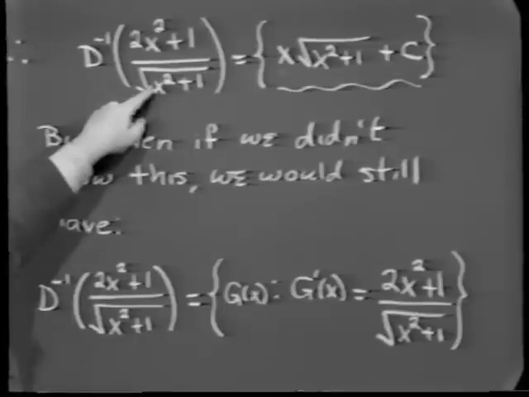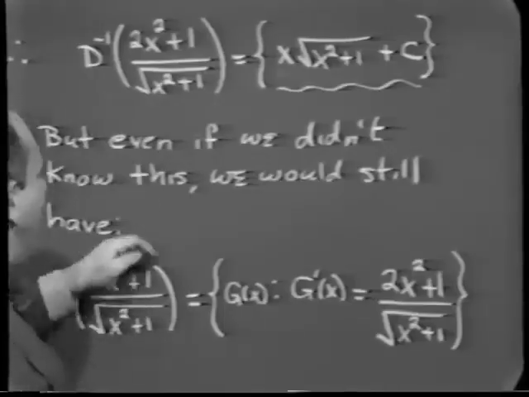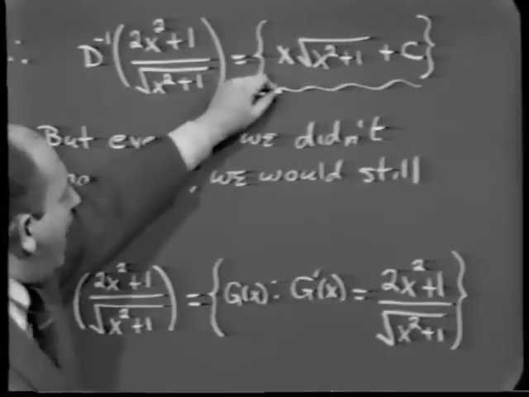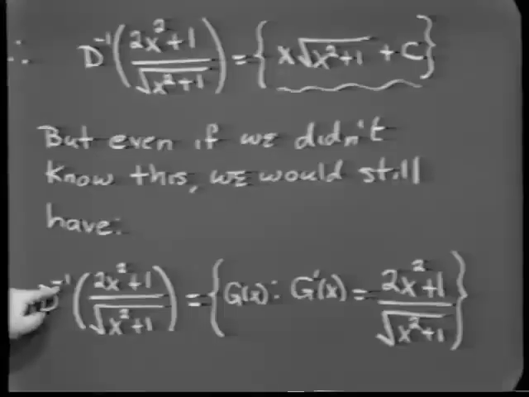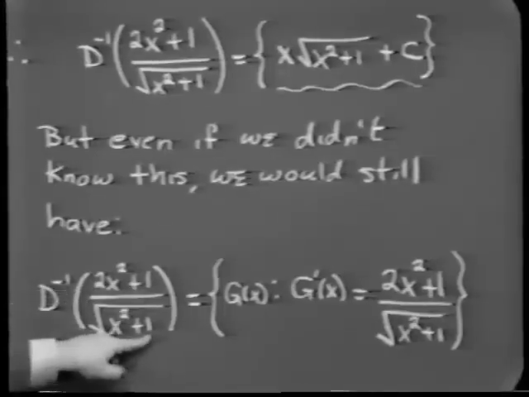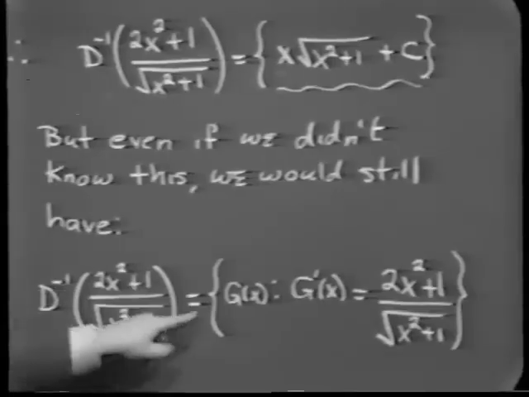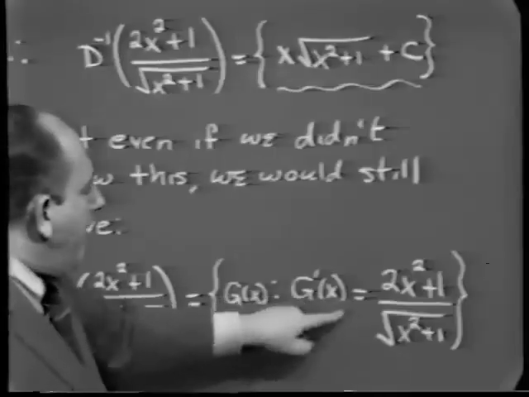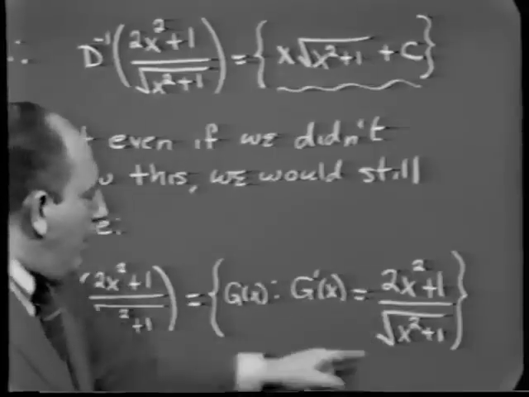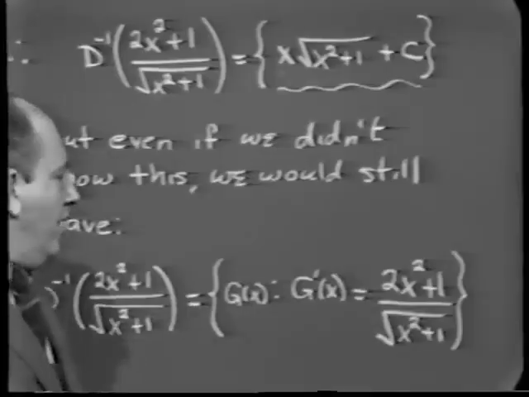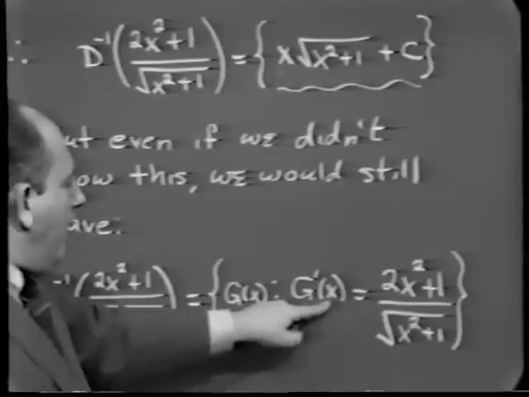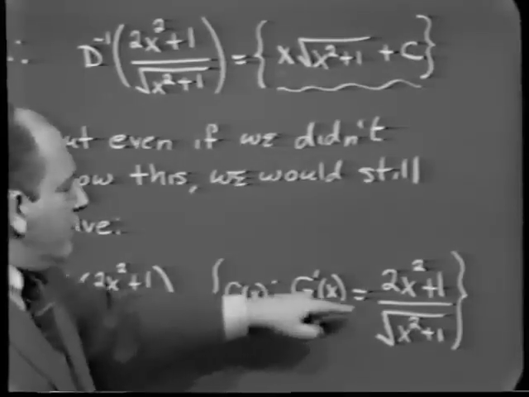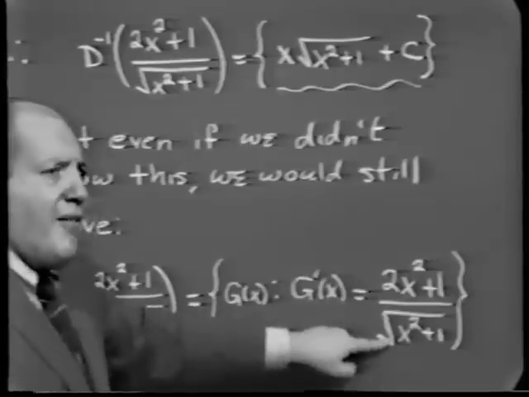All I'm saying, without going through the work again, is to simply observe that even if you did not know this explicit representation, by definition, D inverse of (2x squared plus 1) over the square root of x squared plus 1 is simply the set of all functions g of x such that g prime of x is equal to (2x squared plus 1) over the square root of x squared plus 1. In other words, given any function at all, I could differentiate it. If the derivative came out to be this, then I have a solution.